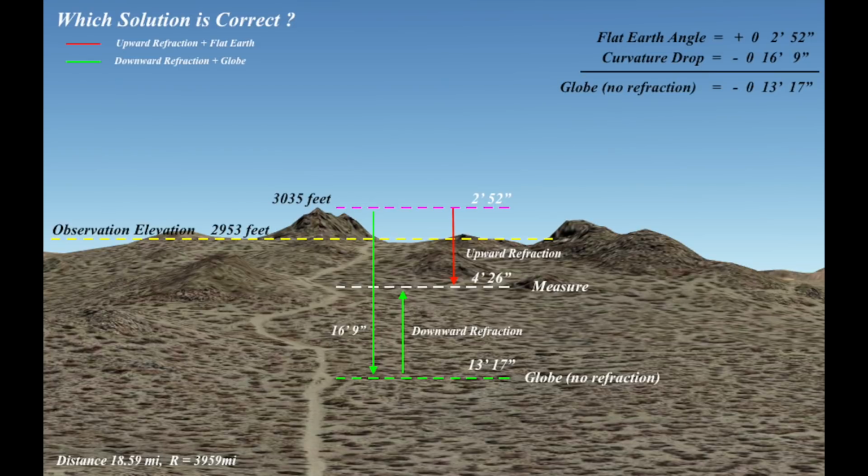Now, if you believe you live on a flat Earth, you come down from 2 arc minutes, 52 arc seconds, where the peak should be relative to our horizontal. You come down due to upward refraction phenomena. So one model relies on a dropping curvature and downward refraction, and the other one relies just on upward refraction. And as often is the case, the truth is somewhere in between.